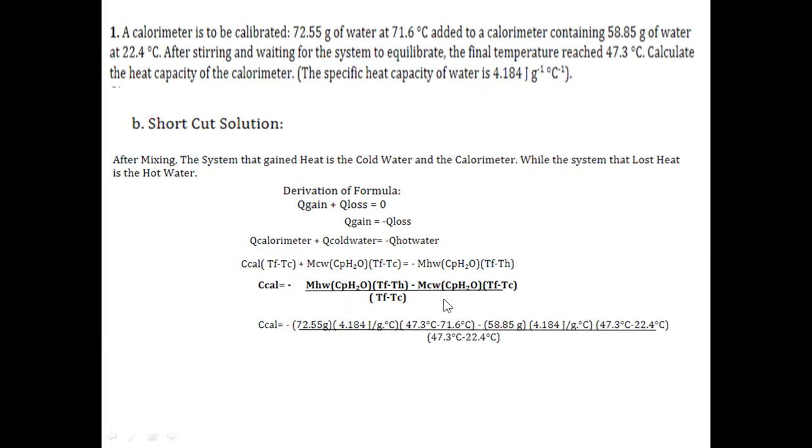So this is the amount of heat for the hot water, minus 58.85 grams multiplied with 4.184 joule per gram degree Celsius times 47.3 minus 22.4 degrees Celsius. So this is the amount of heat for the cold water, all over the change in temperature, 47.3 degrees Celsius minus 22.4 degrees Celsius. Now this gives us a value of 50.0064 joules per degree Celsius.